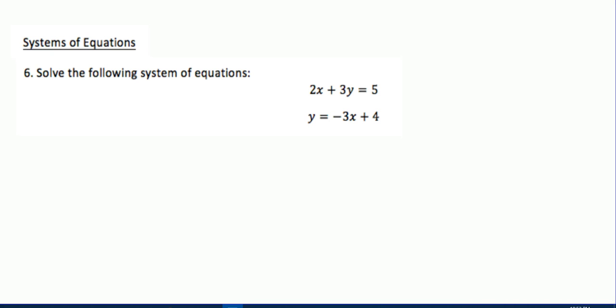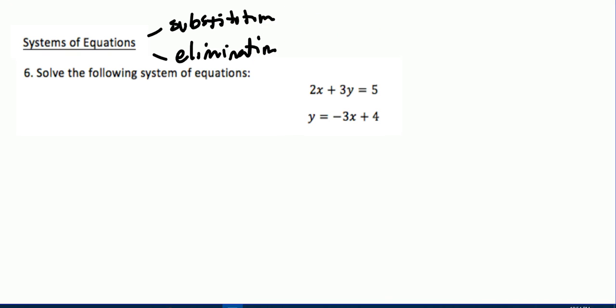Okay, to solve the following system of equations, you can use substitution or elimination. Now you could also do it by graphing, but I don't think we're going to be testing you on that. The reason we're not going to test you on that, in case you're curious, is because graphing is not exactly that accurate.